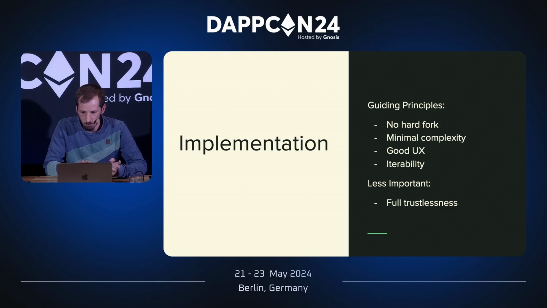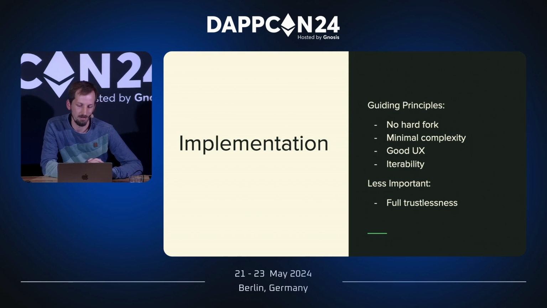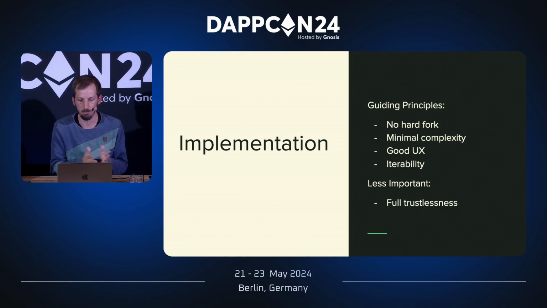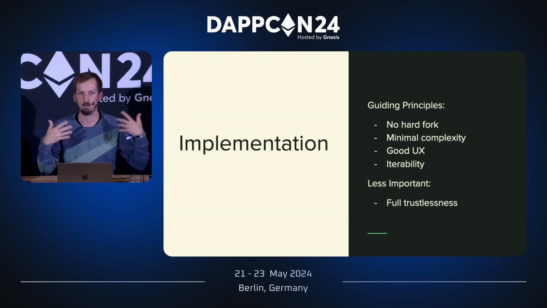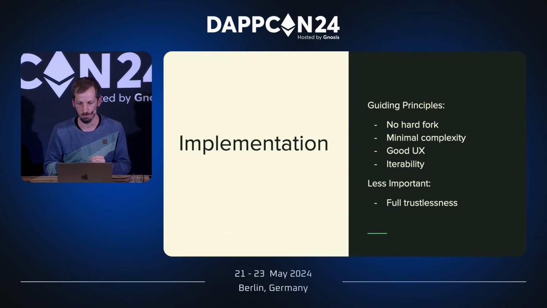Another one is we wanted to minimize complexity. We want to keep the protocol as simple as possible, at least in the beginning, because already that part is not easy, and we want to reduce risks as much as possible. We wanted to have the best user experience that we are able to achieve. And we want to be able to iterate and improve the protocol from the starting point where we are now, basically.